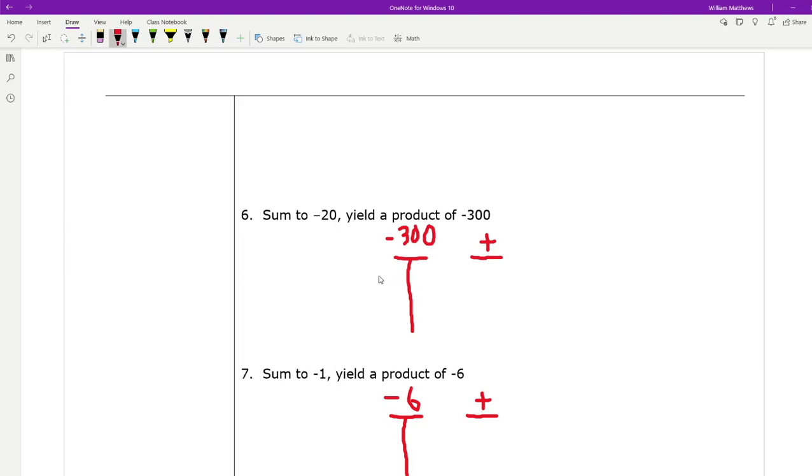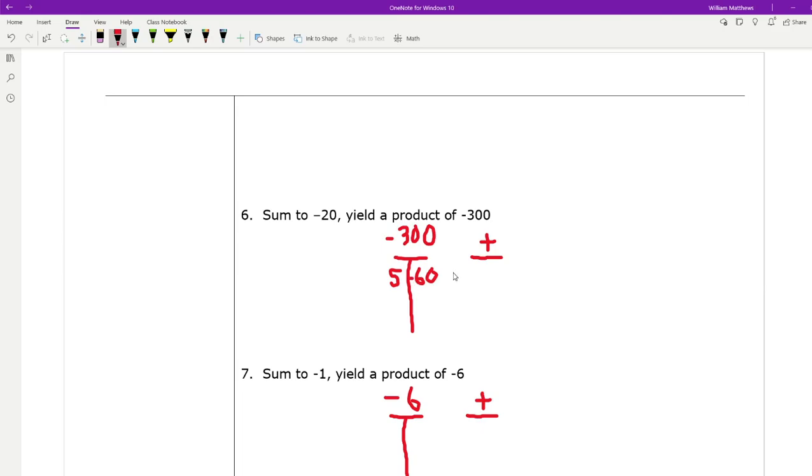Say if I wanted to get to closer factors. Five and 60 are a closer estimate of what we're doing. So I don't have to go through 1. I don't have to go through 2, 3, 4. I can start skipping around, moving up to get to a closer value.